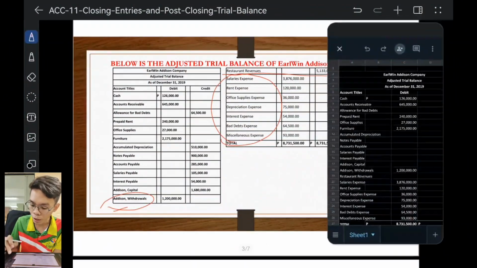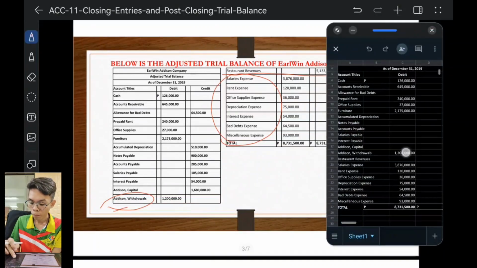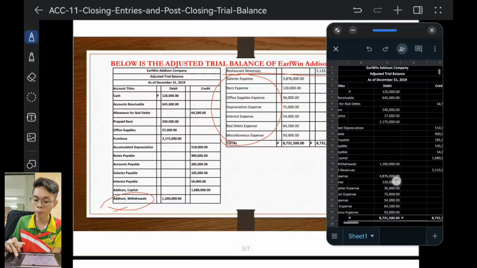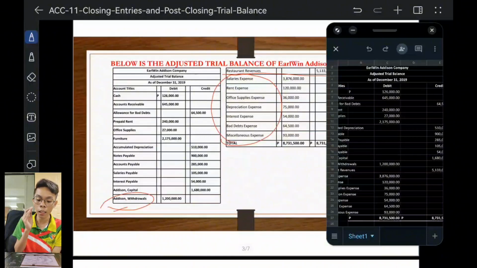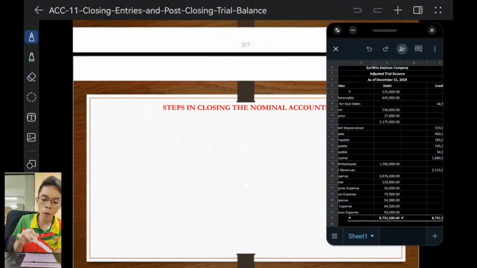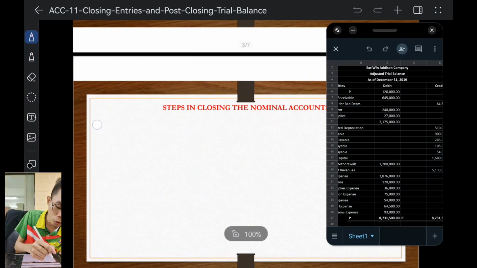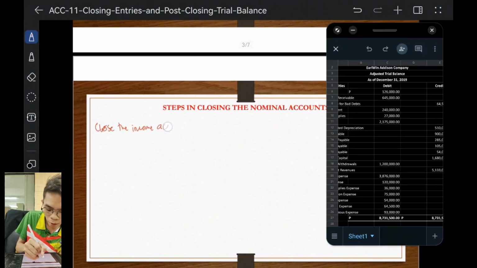Okay, so here it is. These are the same information that we have on the PowerPoint. So how do we create closing entries? The first account that we need to close is the income account. How do we close the income account, sir?